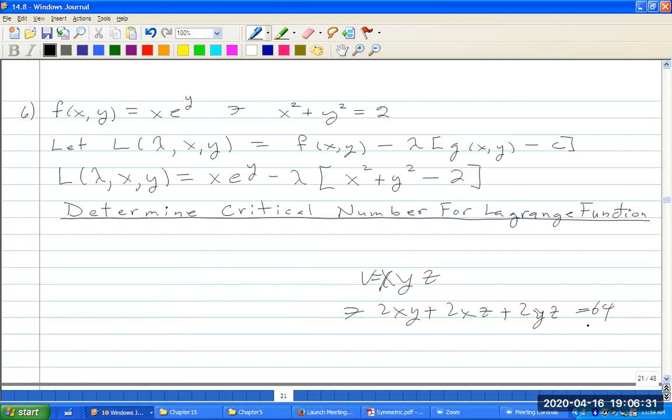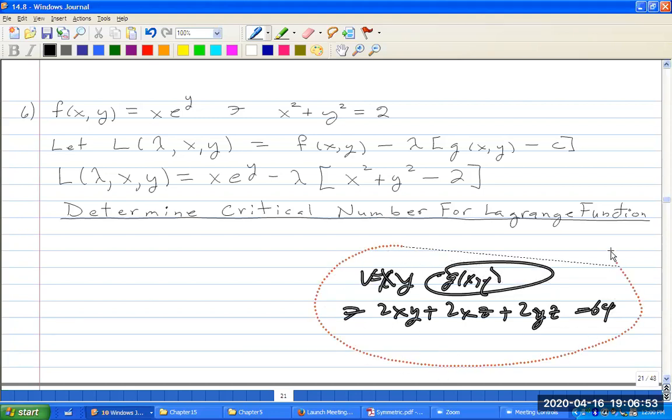Something like that. So somehow we were trying to optimize this function subject to these constraints, and we solved for one of the variables and eliminated it, and somehow made it another function of x and y. Okay, and then we did it. So this is an alternative to doing that.